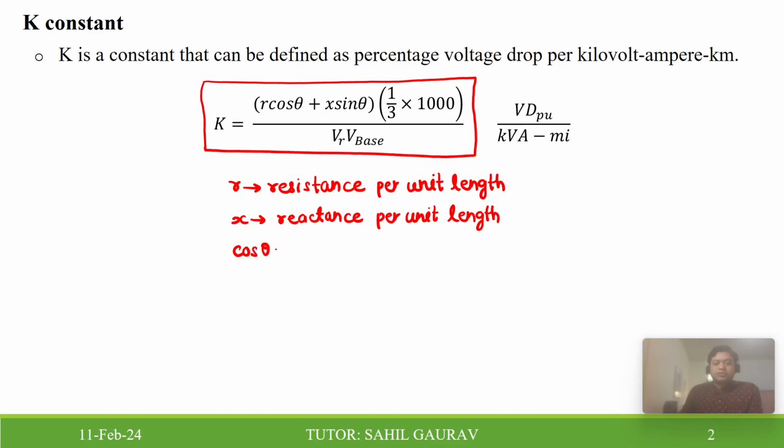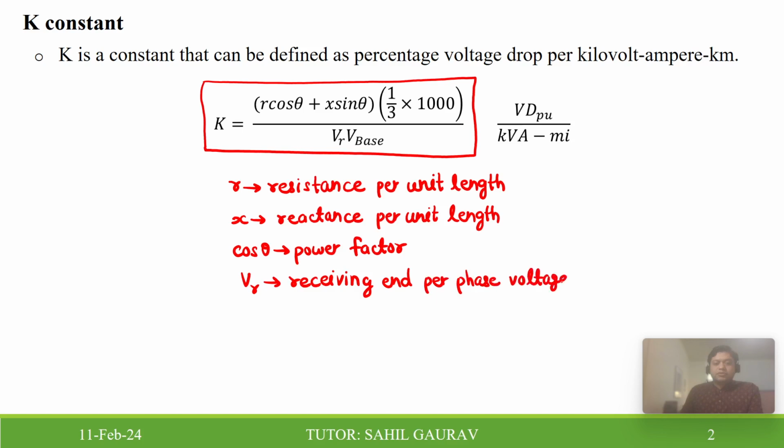Then we are given cos theta, that is the power factor of the load, and we should also have the data of the receiving end per phase voltage, Vr, and V base. V base is the base phase voltage.